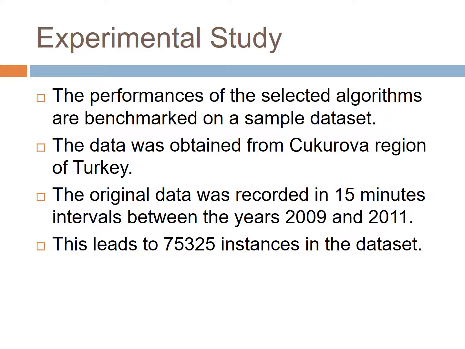Our data was obtained from the Çukurova region of Turkey and was recorded at 15-minute intervals between the years 2009 and 2011, and there were approximately 75,000 instances in the data.